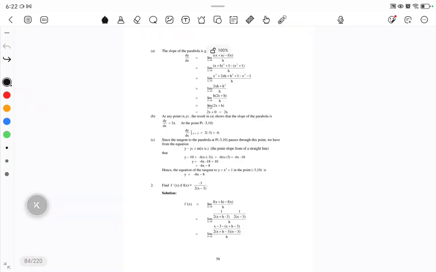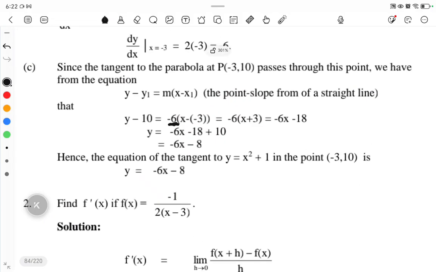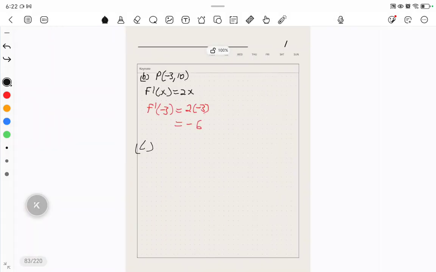If you can check here, our M in this case is minus 6 at that point. So want the tangent, the equation to that tangent at that point. So it will be minus 6. So let's just go back and apply that. So we're not going to use that equation. We're going to use this one.